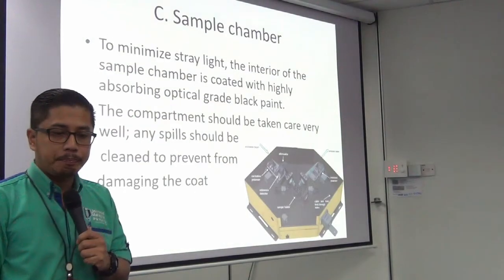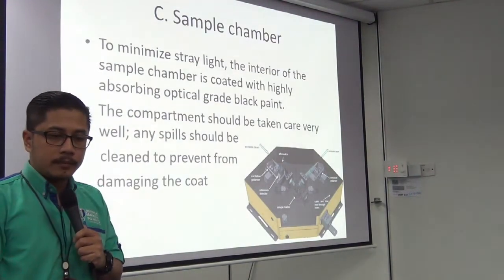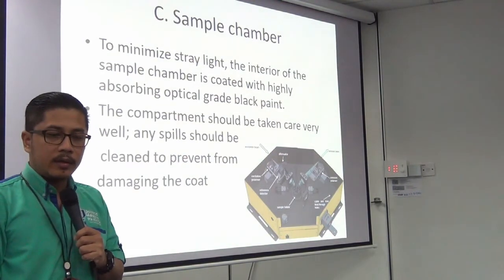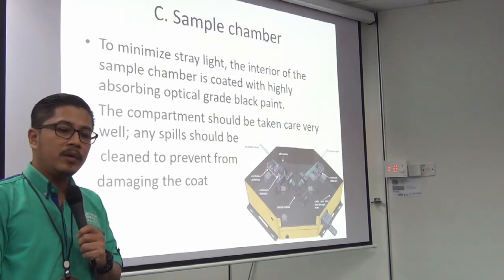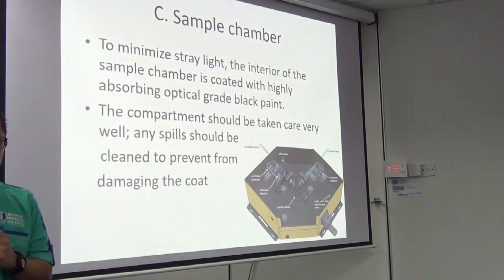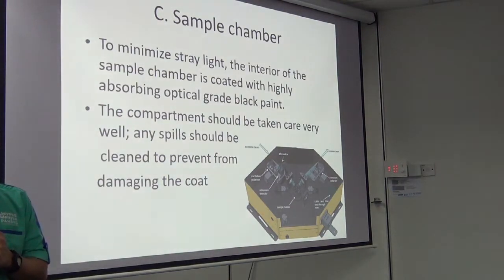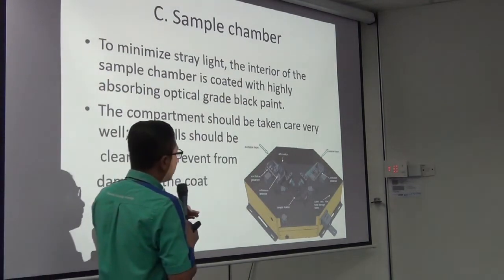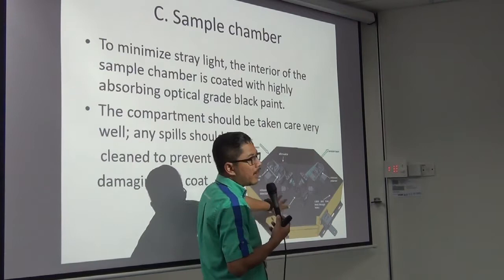Sample chamber. Here you place your sample and also your reference, but in our system we don't need any reference; we just need to place our sample, whether it is a thin film, powder or liquid. If you carefully observe, you could see that the inside of this chamber is painted black.